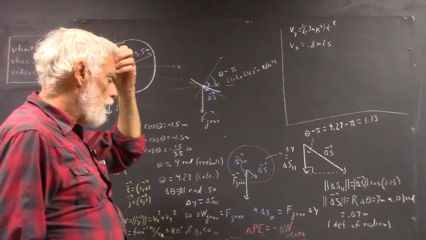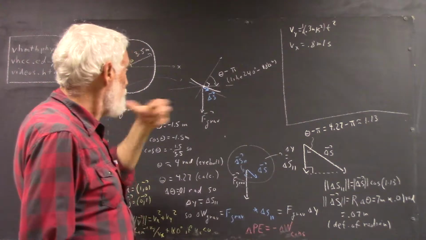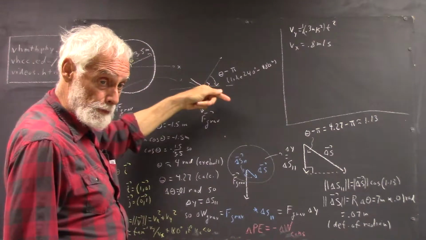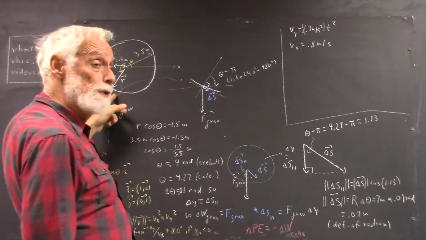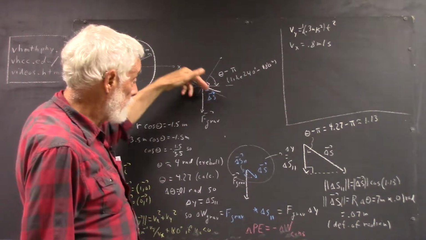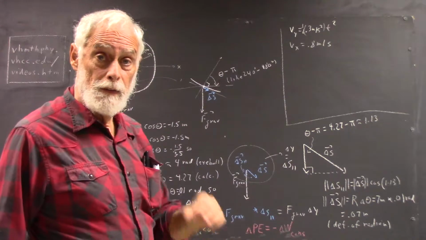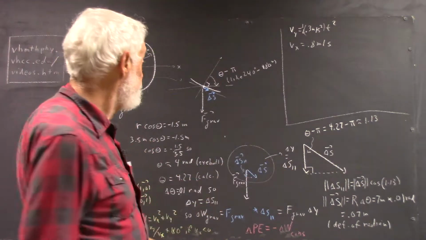We're going to approximate this, though, as though the change in position is tangent to the circle. Now, if you draw a vector as small as this one's going to be, and draw it as a chord, and then draw it again as a tangent line, they're going to be so close together that you won't be able to tell the difference.